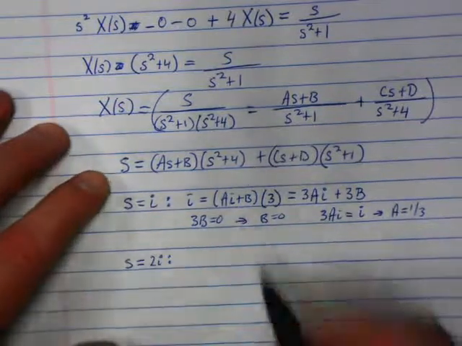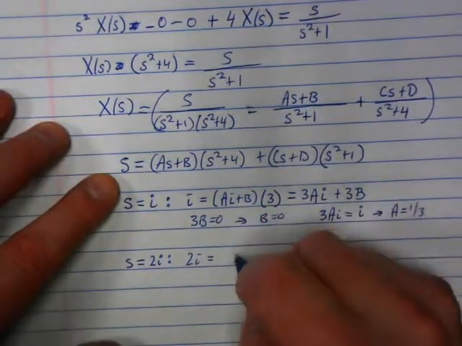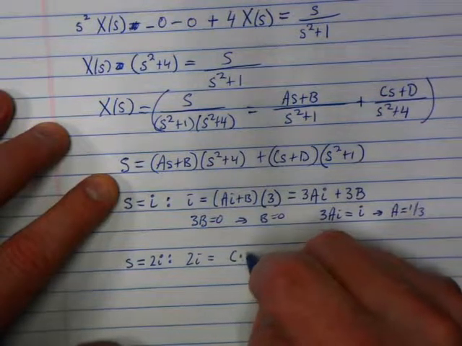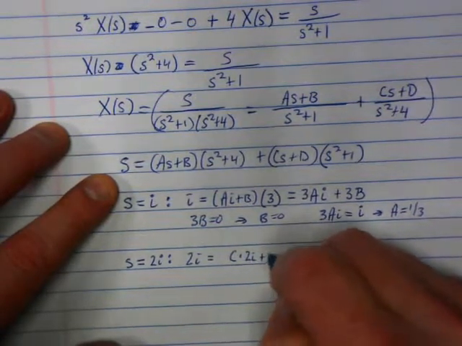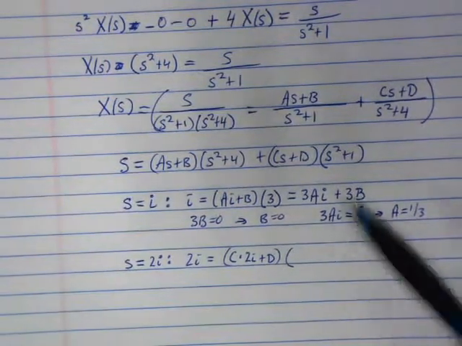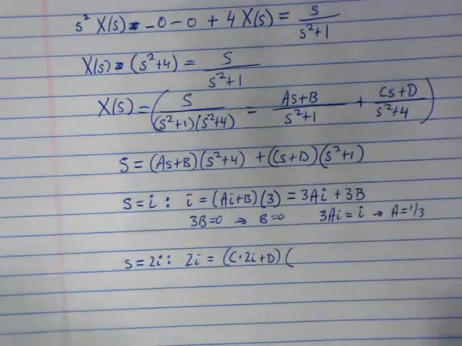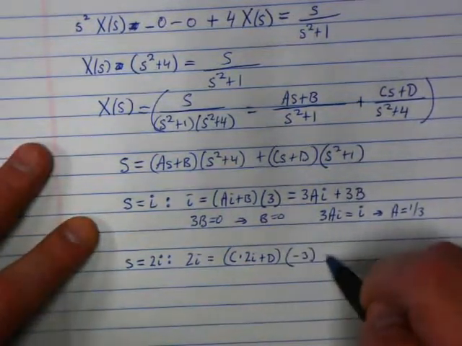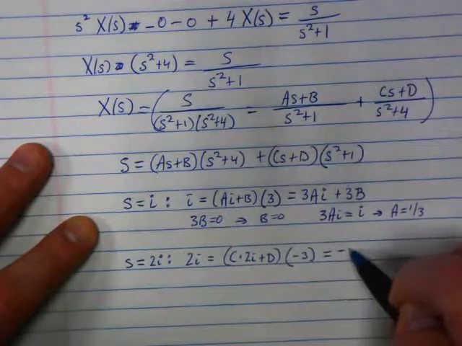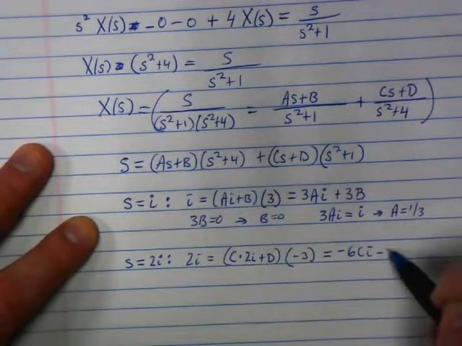So I get 2i equals C times 2i plus D times, okay, now what's 2i squared? Negative 4. And negative 4 plus 1 is negative 3. So that's negative 6Ci minus 3D.